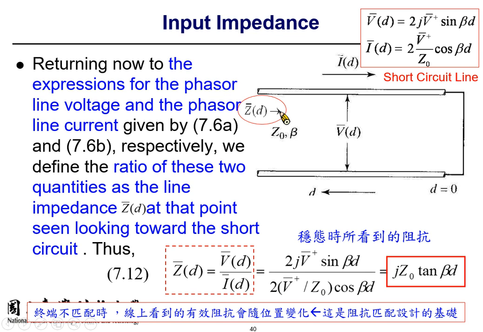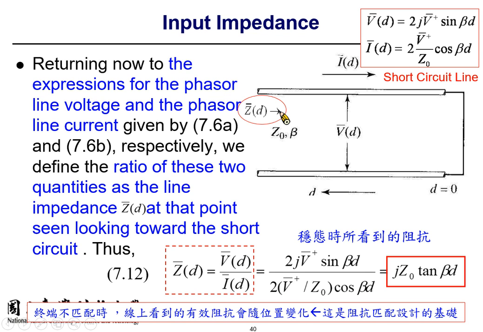If the voltage is leading the current, then you will have impedance with positive reactance. I mean, if you draw the impedance on a complex plane, so you have resistance on the real axis and reactance on the imaginary axis.